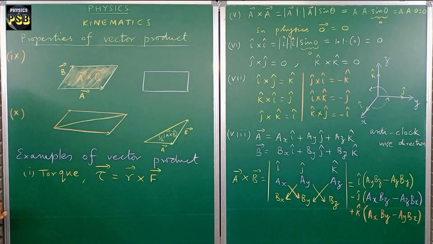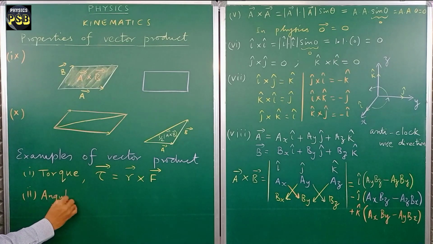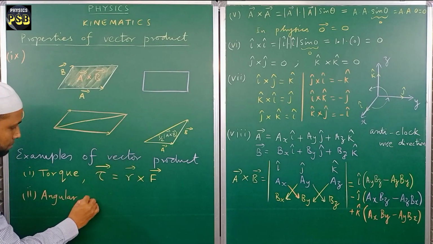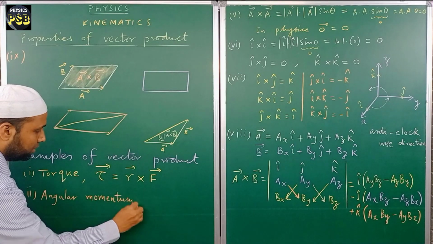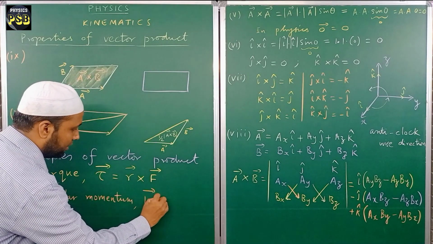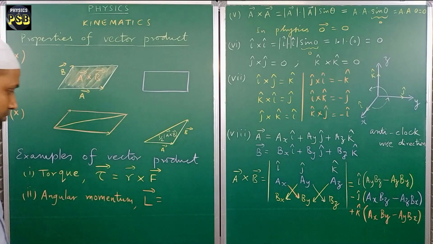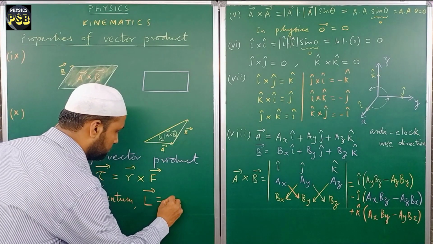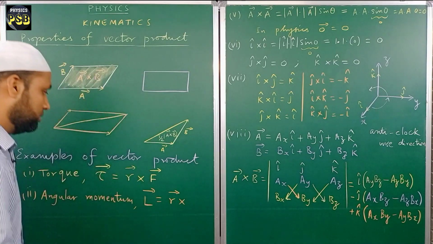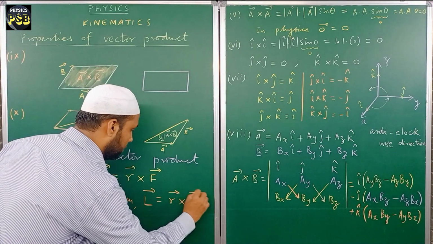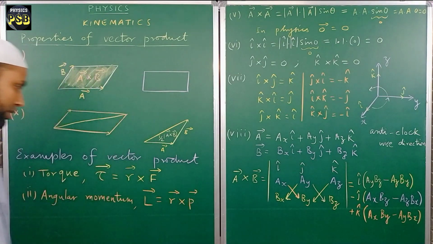The second we have is angular momentum. Angular momentum is nothing but L vector equal to R vector cross P vector. The P vector is linear momentum.